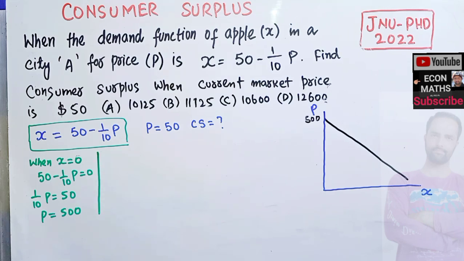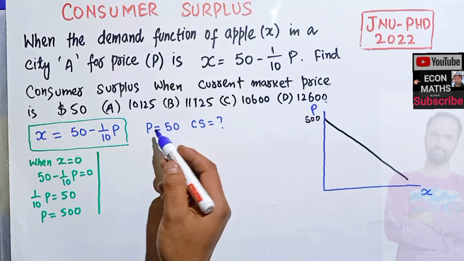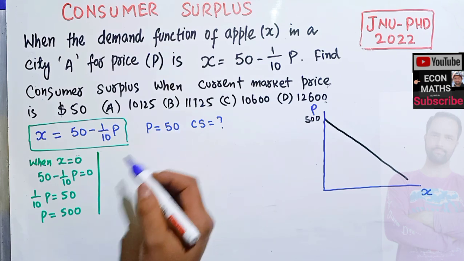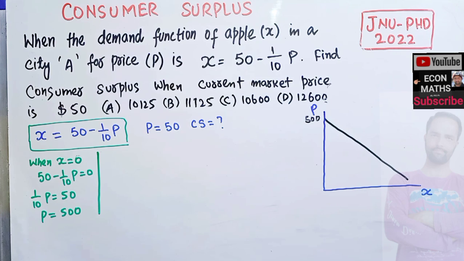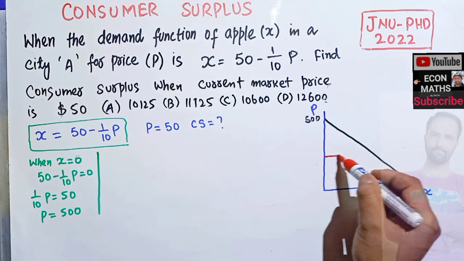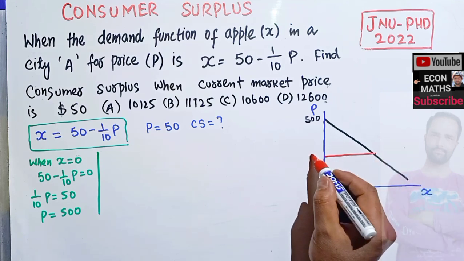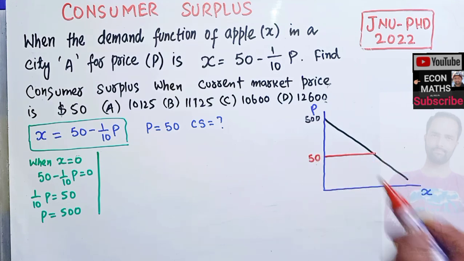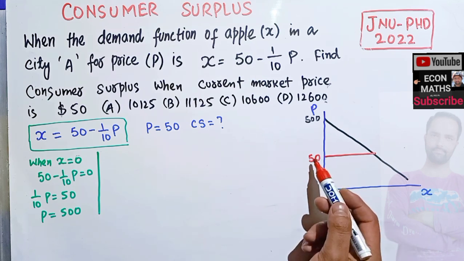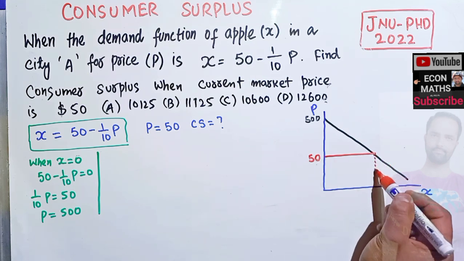Next, we are given that price is equal to 50. So the current market price is $50. Let us draw it here. Corresponding to this price of $50, we need to find the quantity demanded.